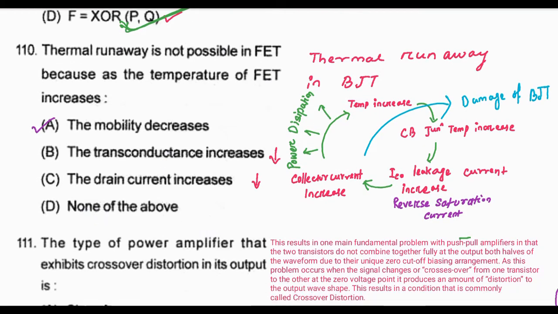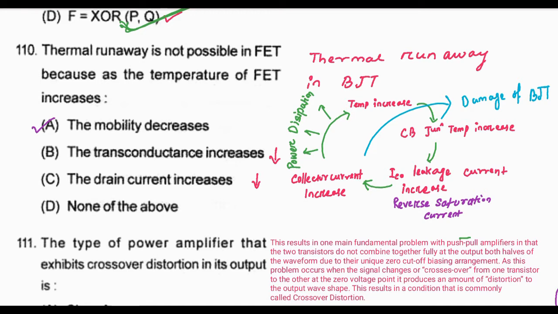Thermal runaway, next question. Thermal runaway is not possible in FET, field effect transistor, because as the temperature of a field effect transistor increases: option A, mobility decreases; option B, the transconductance increases; option C, drain current increases; option D, none of the above.